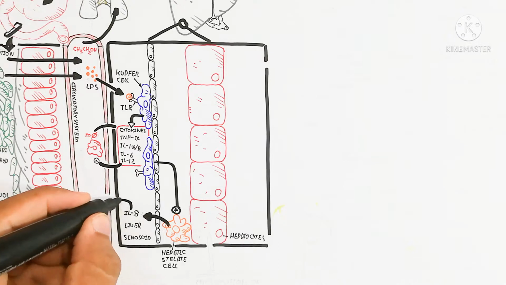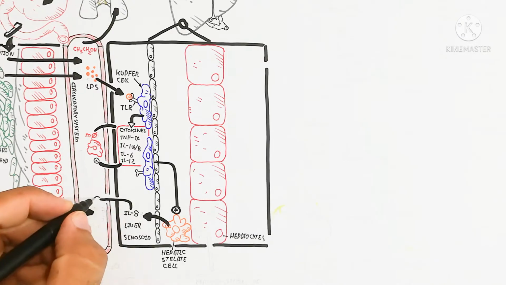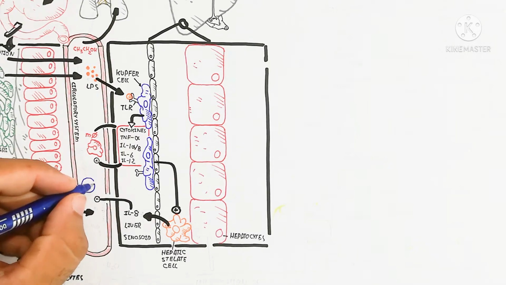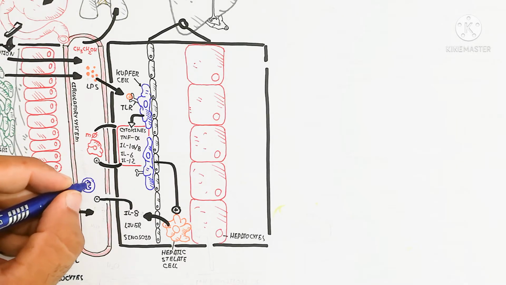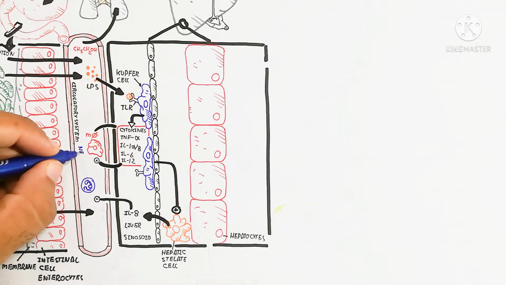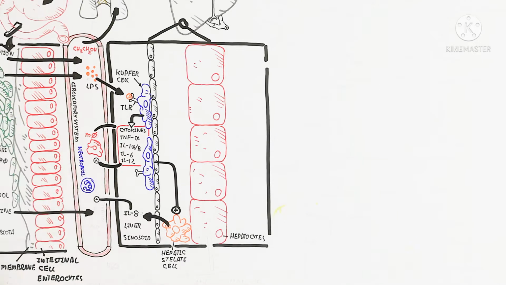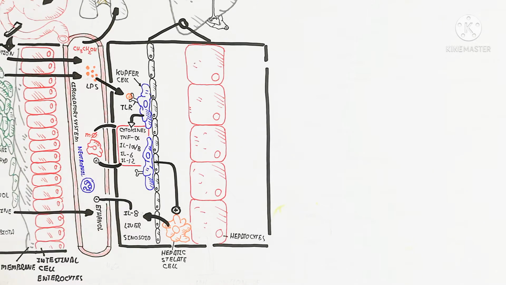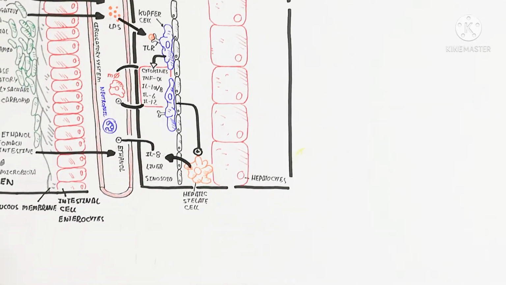The hepatic stellate cells increase due to the inflammatory mediators, and they also produce interleukin 8. Interleukin 8 moves into the blood circulatory system and recruits neutrophils near the liver.